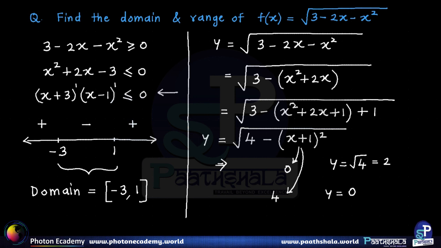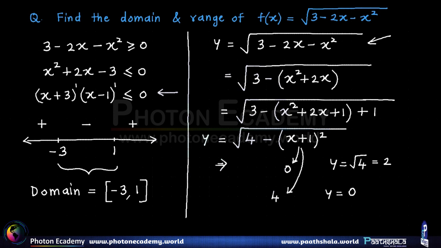And since we have the square root as the original function, we always consider the final value as positive and not plus or minus. So therefore y can range from minimum 0 up to 2. So we write the final answer as the range of the given function is from 0 to 2.